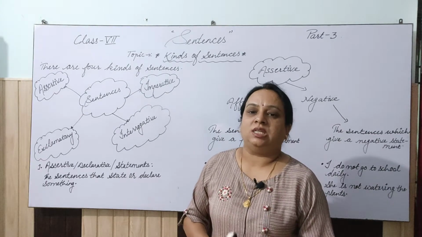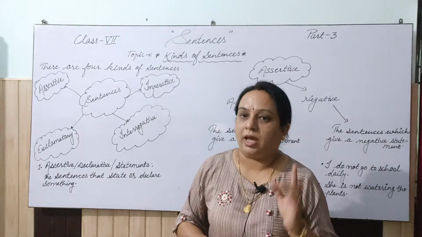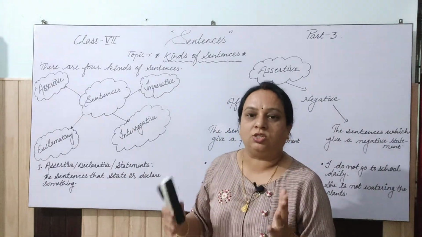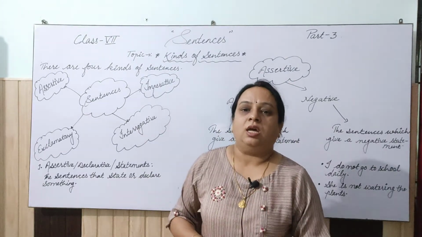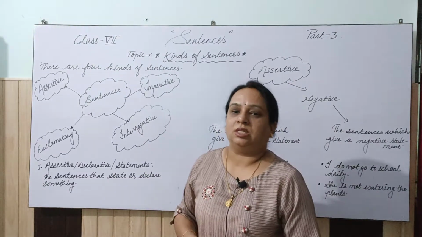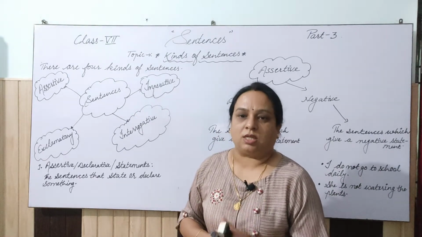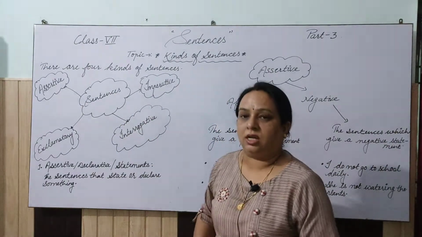So those sentences are known as assertive sentences. Actually, all these kinds of sentences have different structures, right? And it is quite easy to identify that the sentence given to us is assertive, interrogative, imperative or exclamatory. Clear? So let's understand this assertive sentence.